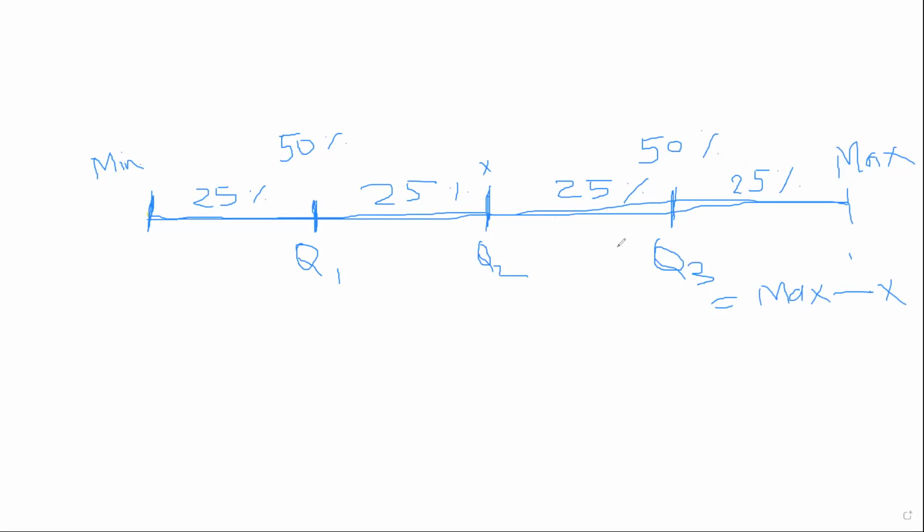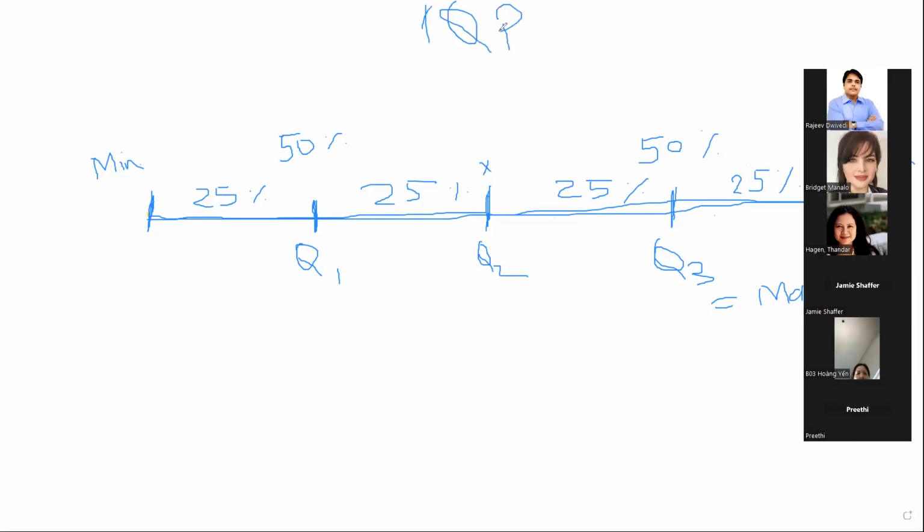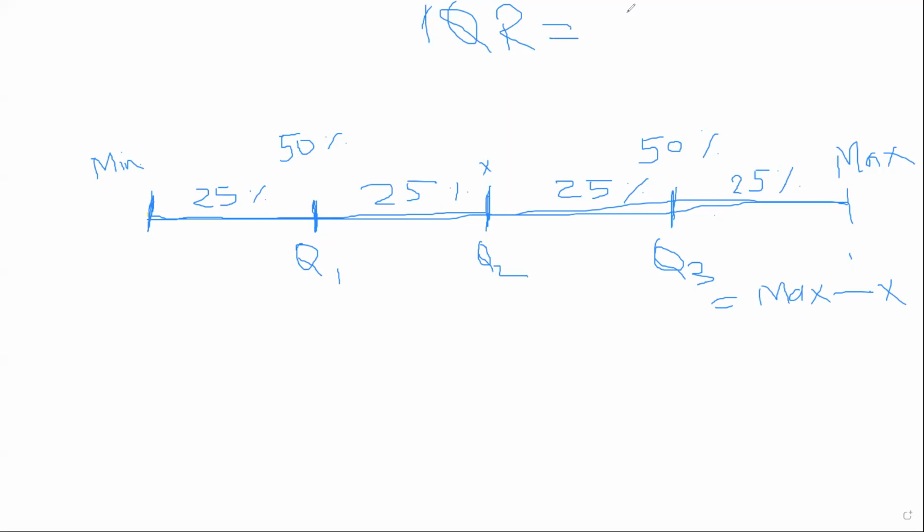So there is a concept called interquartile range. What is the interquartile range? Interquartile range, or IQR, is nothing but Q3 minus Q1. So this is Q3, this is Q1, whatever the difference, that is called the interquartile range.